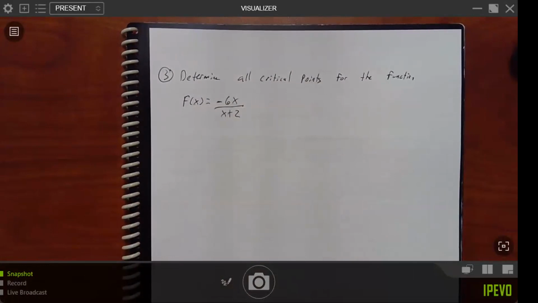So we're going to have to do the quotient rule, right? No way around it.